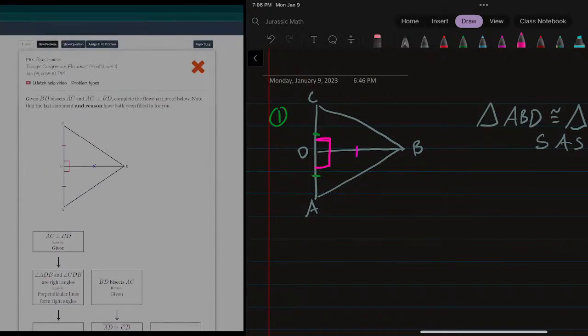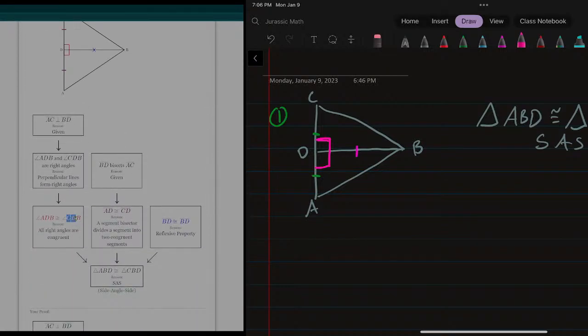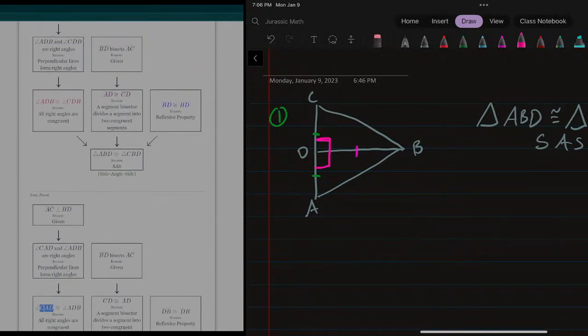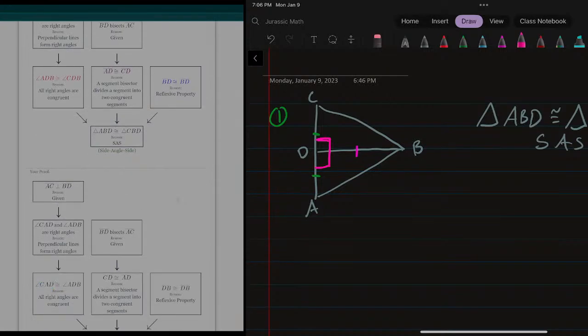Did I label my picture wrong? AC and BD. No, CDB. CDB. Oh, I typed in letters wrong. Yep, that happens.